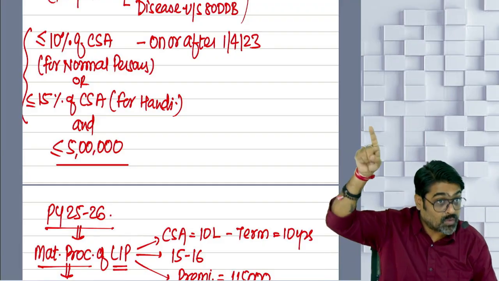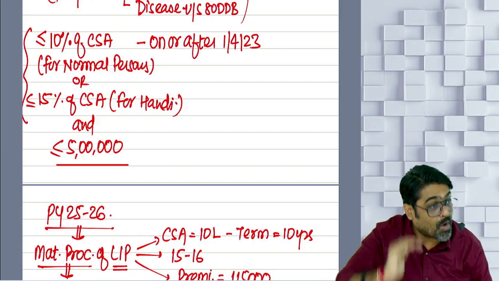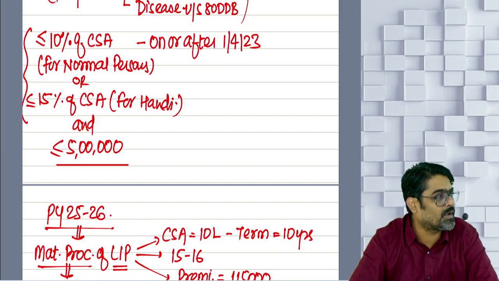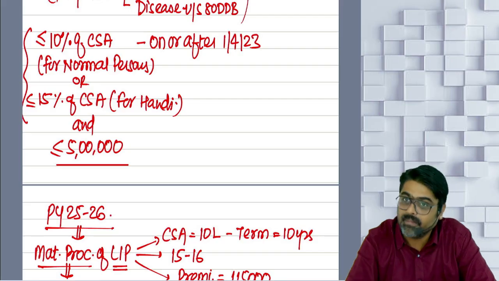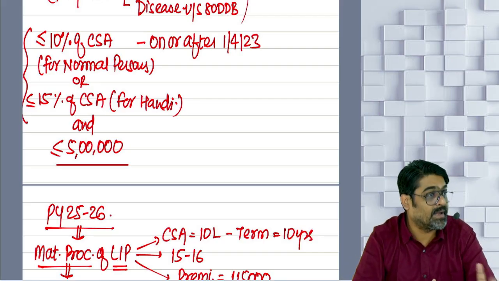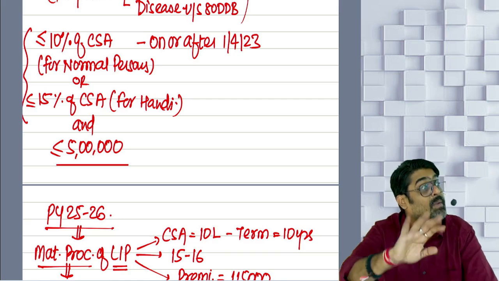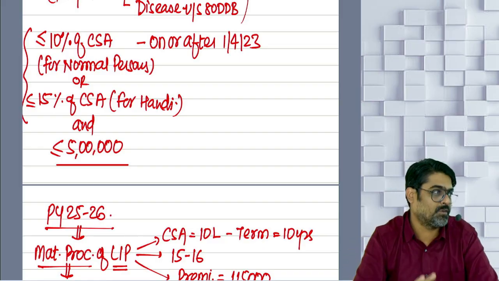We don't want to exempt those returns. So for that, we are putting a monetary limit also on the premium. So first of all, the premium should not be more than the percentage limit, as well as the premium which you have paid on that policy should not be more than 5 lakh also.